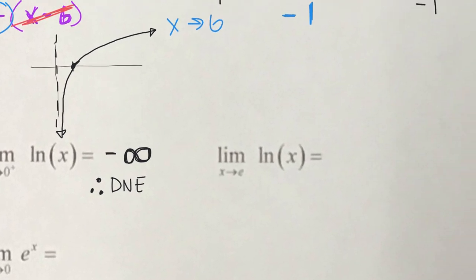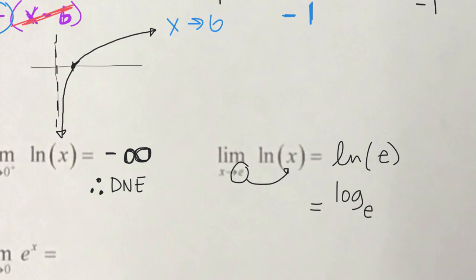Okay, what else do we know? Let's plug in e, right? Direct substitution is our main thing for limits. What is the natural log of e? Well, if you remember from your log properties, natural log is log base e. And anytime our bases are the same, the answer is 1. So the natural log of e is 1, which means on our graph, if I go e units to the right, then I go 1 unit up.